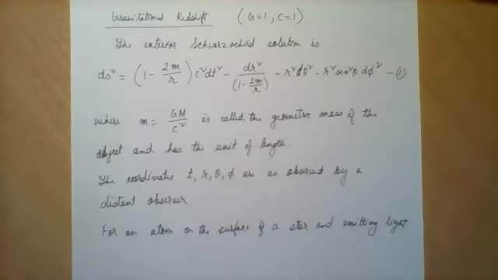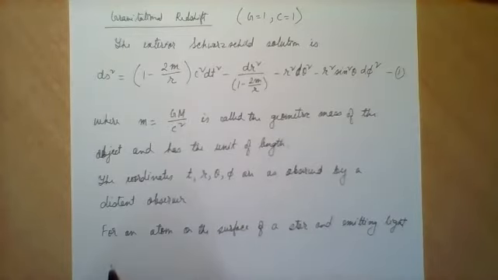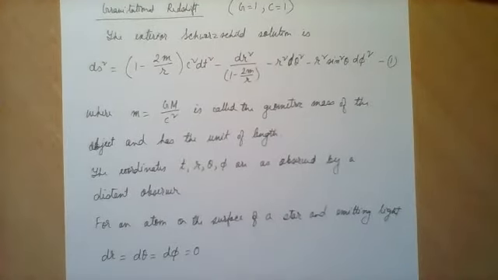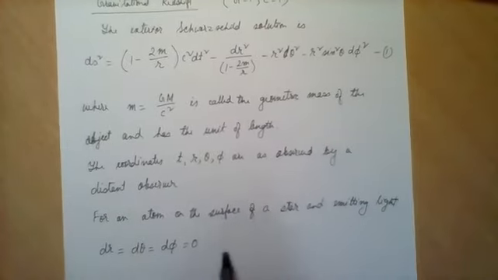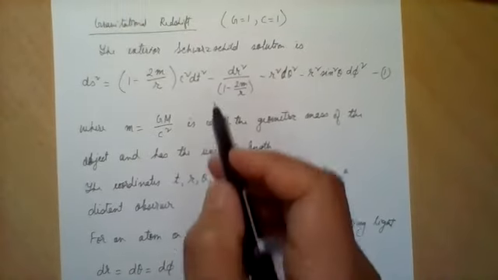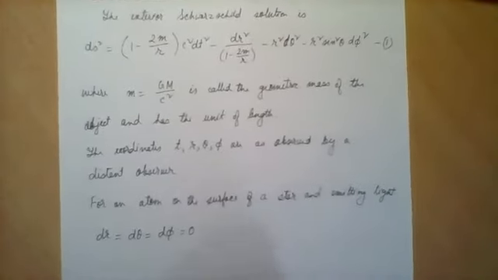Okay, the atom is not moving, so that dr is equal to 0, d theta is equal to 0, and d phi is equal to 0. So for an atom which is not moving on the surface of the star, we have dr, d theta, d phi equal to 0.